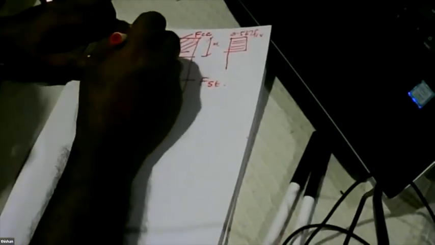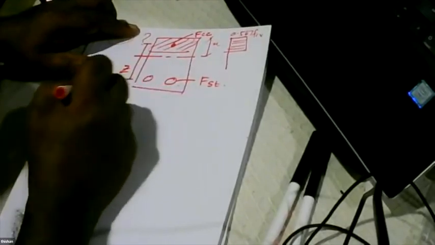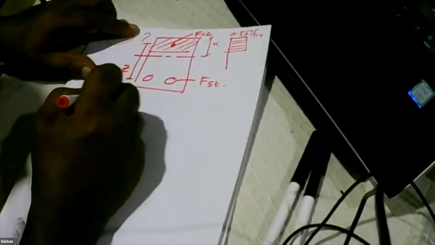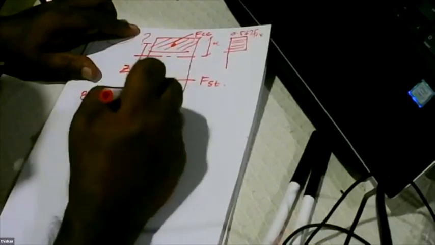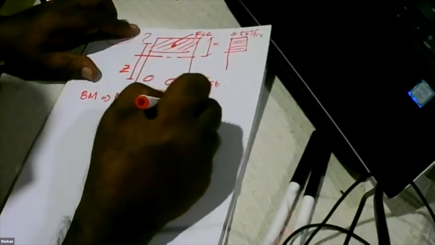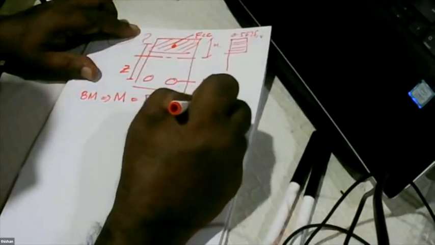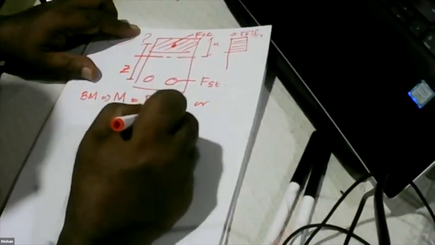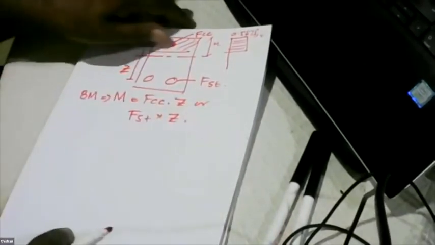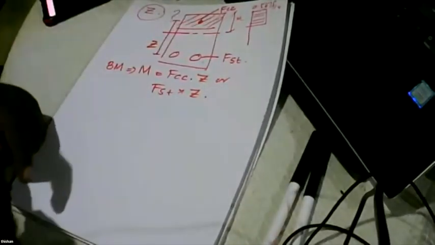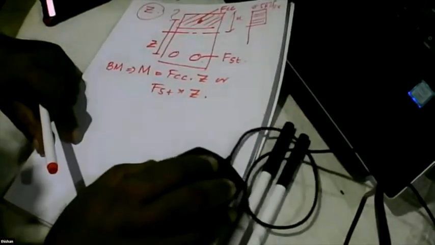So that's the situation. And so if you want to look at the equilibrium, we can say the lever arm is Z, the bending moment M is equal to Fcc times Z or Fst times Z.